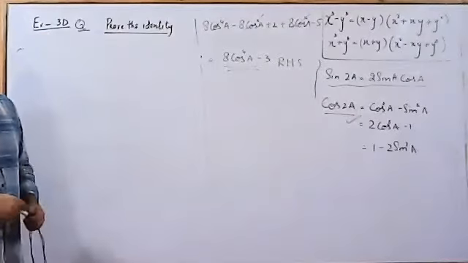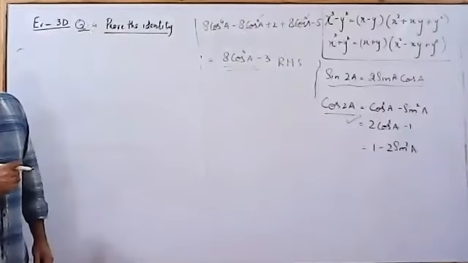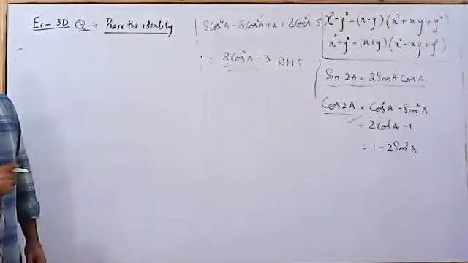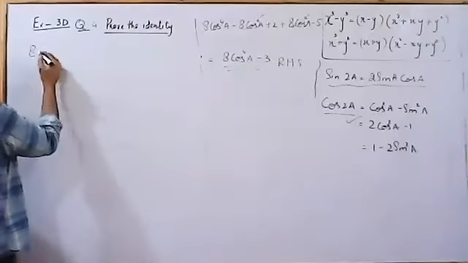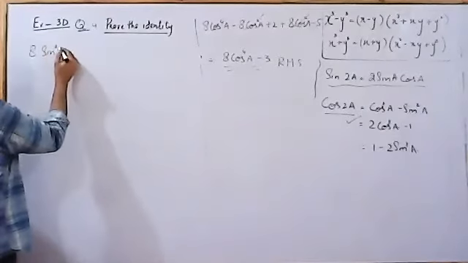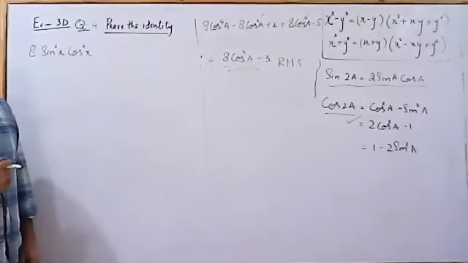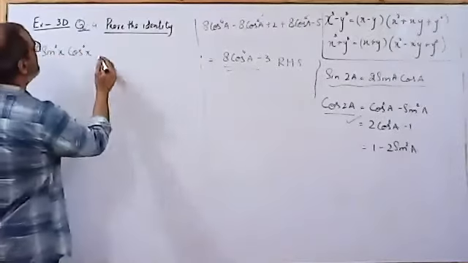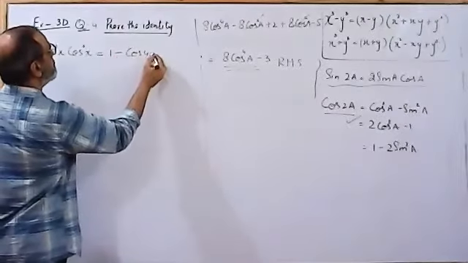Question number 4 says 8 sine square x cos square x is equal to 1 minus cos 4x.